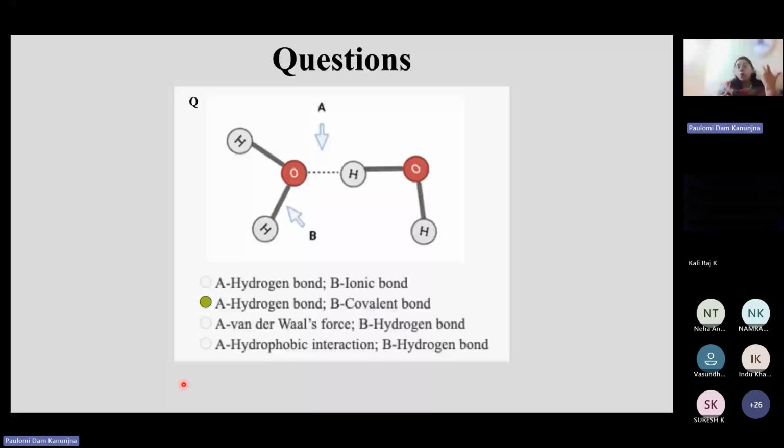Because in this, O and H are sharing electrons, and that is because of the electronegativity difference. And this is not ionic because they are sharing the electron. So this is a covalent bond, and the first one is a hydrogen bond. I also see some 4 and other options. I hope this makes sense and why this is the correct option. If you have any doubt, please do type in the chat box. I will be happy to answer.